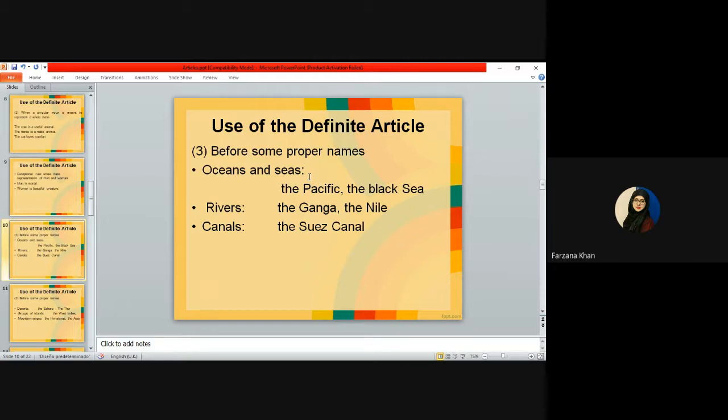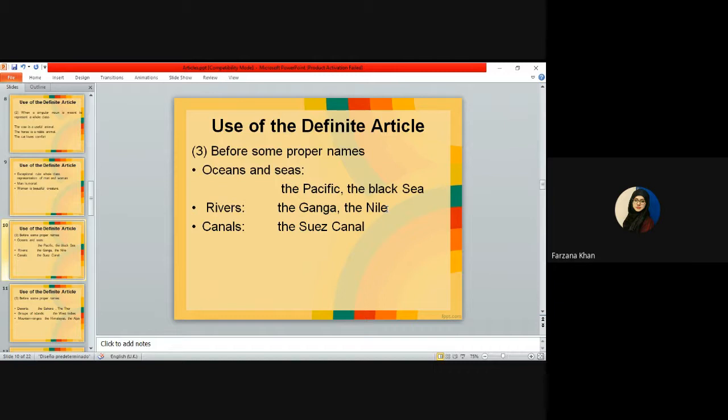Well, what are other proper names with which you need to add the definite article? The other proper names are the names of rivers. Whenever you write or speak the name of a river, not only river, river is a common noun, but the name of the river is a specific proper noun, you will always use the definite article. The river Ganga, the Nile. Similarly, you can write the Ravi, right?